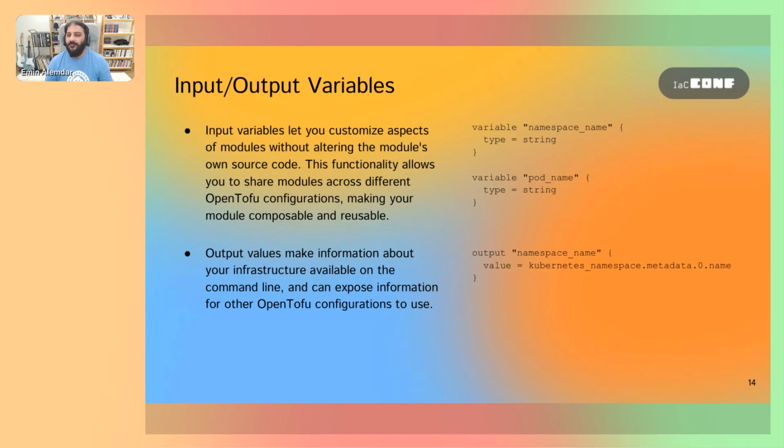The next thing I wanted to talk about is, of course, the input and output variables. Input variables are basically like environment variables. They let you customize aspects of some of the modules without altering the module's own source code. This functionality allows you to share modules across different OpenTofu configs, making your module composable and reusable.